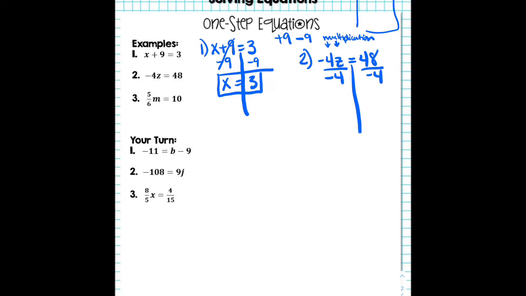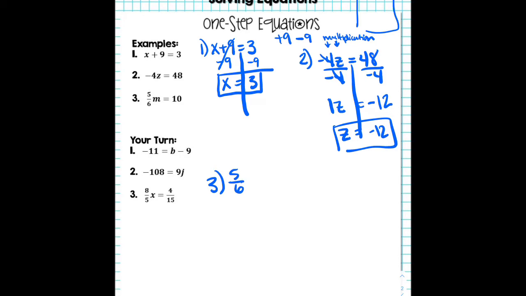So I need to divide both sides by the thing I'm multiplying by, which is negative 4. Negative 4 divided by negative 4 is 1. So that leaves me with 1z equal to 48 divided by negative 4. A positive divided by a negative is a negative. 48 divided by 4 is 12. But in algebra, when I have a 1 in front of a variable, I don't have to write this. We understand there's a 1 there. So I'm just going to write z equals negative 12.